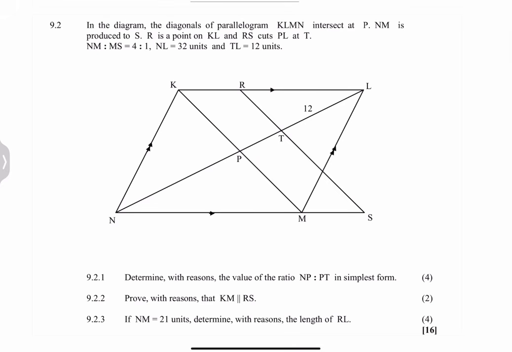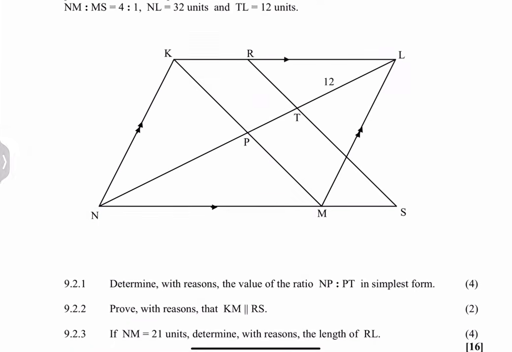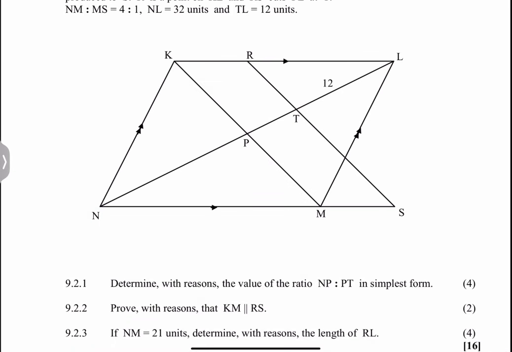In this case, they tell us that NL is 32 units, and we know that TL is 12 units. Now, ladies and gents, we're going to try and fill in as much of the information as possible. Remember they said NM to MS is 4:1.